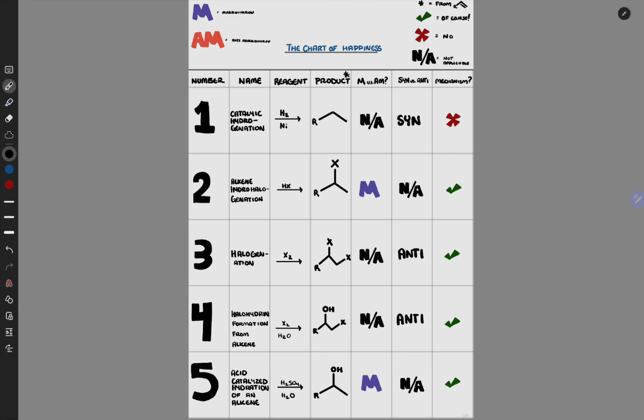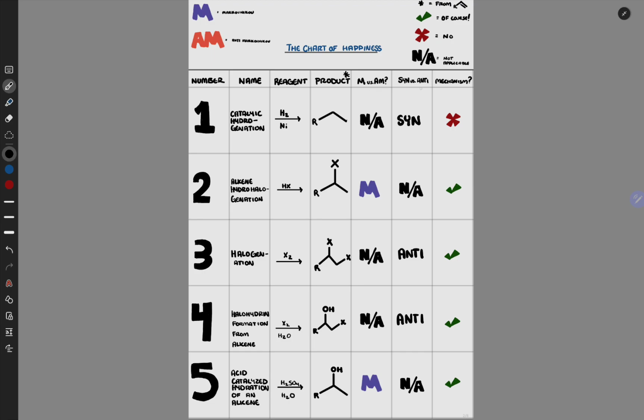But just kind of breaking down what I call the chart of happiness, which goes hand in hand with the wheel of opportunity. In the chart of happiness here, we have just a couple of columns, and column 1 is called numbers. We go over names, reagents, products. We go over whether or not each type of reaction is a Markovnikov or anti-Markovnikov addition.